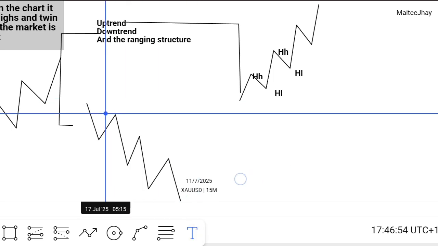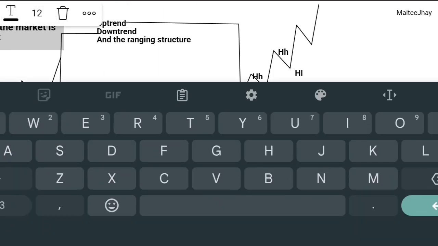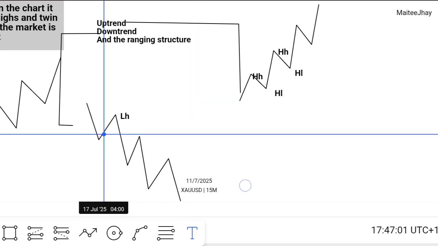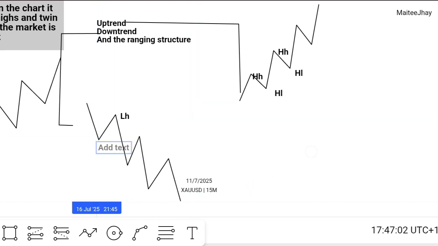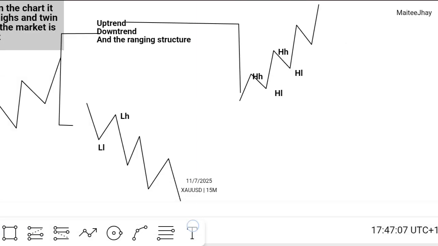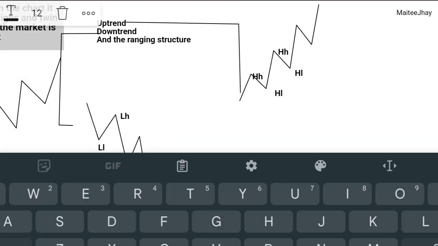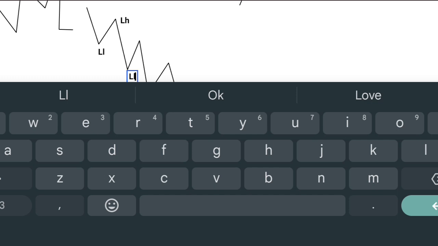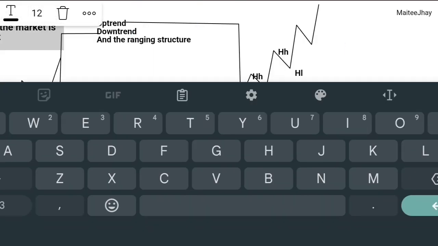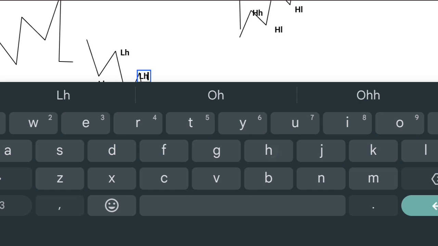Labeling it as lower highs and then lower lows, lower lows, lower highs, lower lows, and then lower highs continuously.